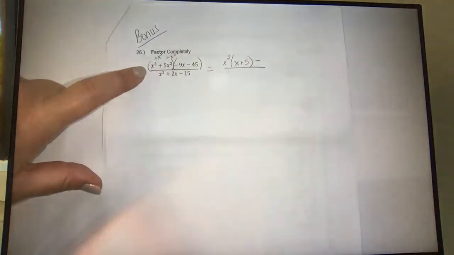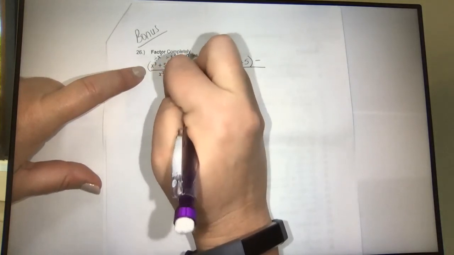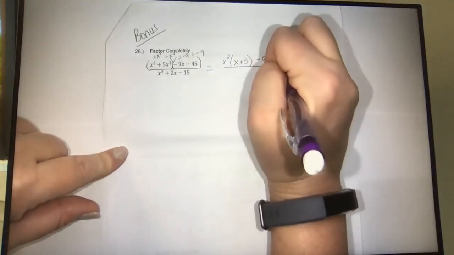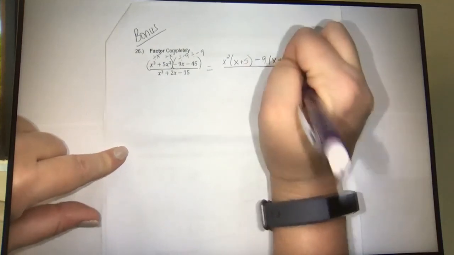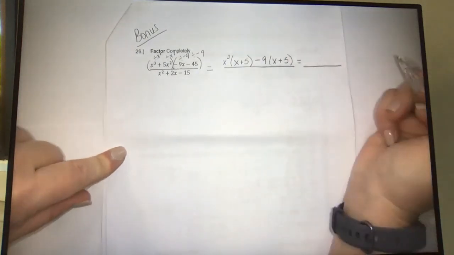Don't forget, I've got to pull out a minus and a GCF of 9. So now I'm dividing out a negative 9. Be super careful there. Watch your signs. That's going to give me x plus 5. Awesome. All right, I'm going to keep going in the top.